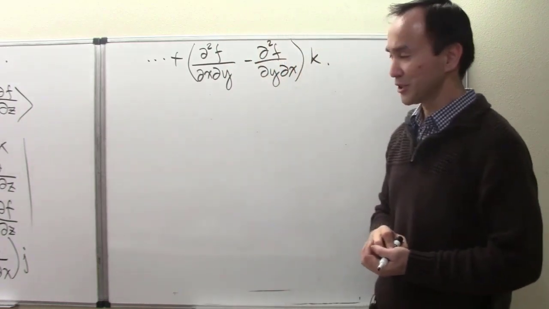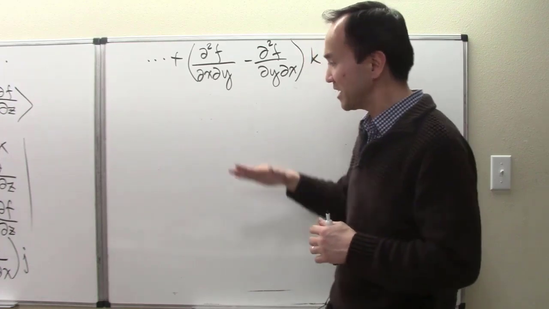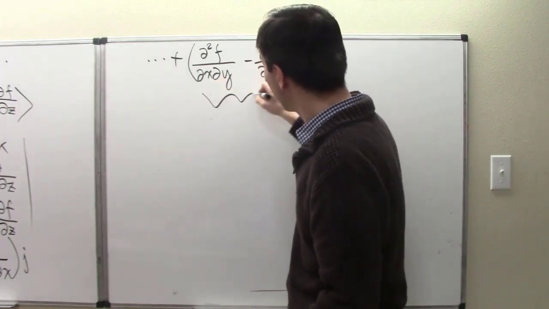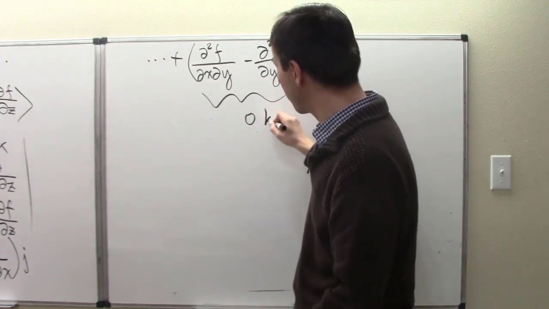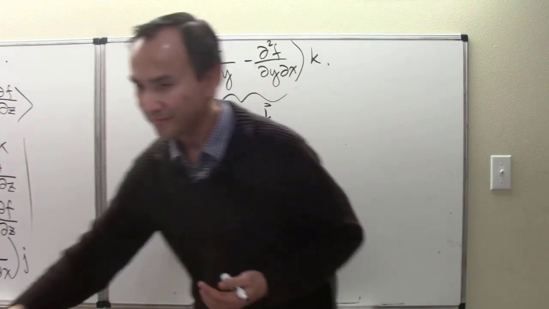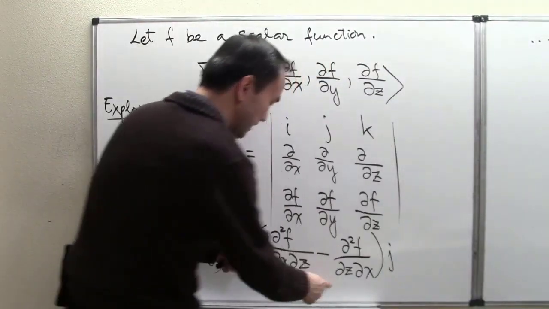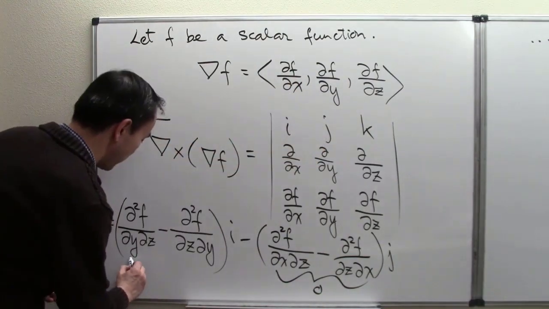All right, so let's put these together, and I apologize for my short space on my board. Now we can see this component here is 0, and 0 as a scalar, 0k. These other ones here, that one is also a 0, and that one here is a 0.